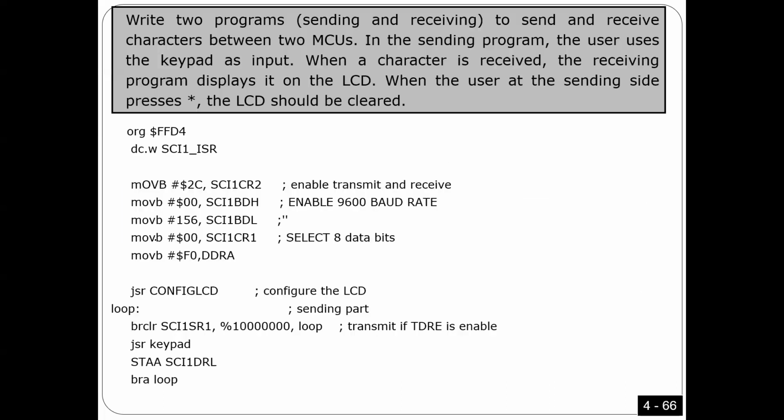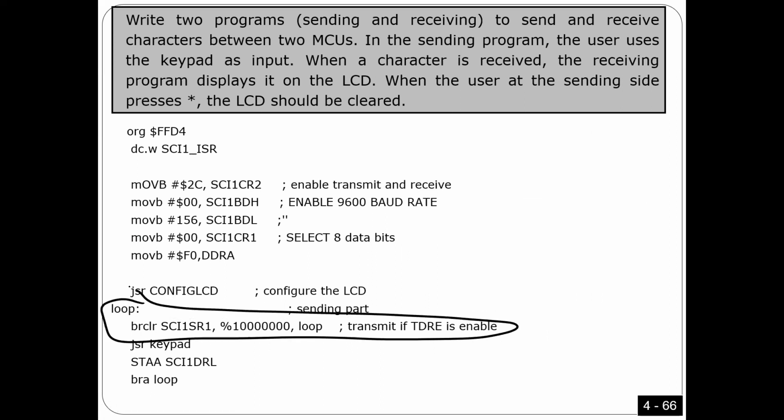As you will see right now, this is the program. For sure, I'm going to explain the details. But as you see here, I'm going to check this bit. As long as this bit is 0, I'm going to keep looping here. I have to wait. That means the SCI did not finish the transmission of the old value, so I cannot write a new value.